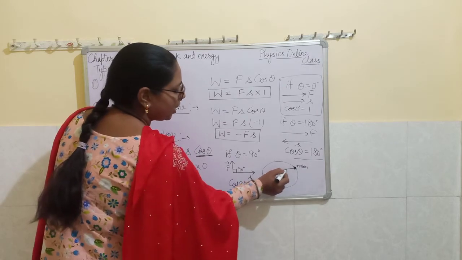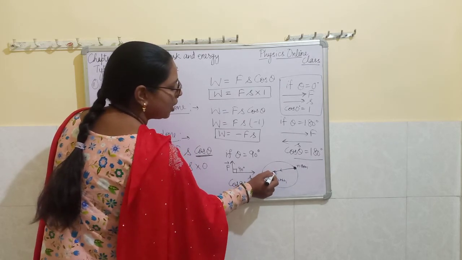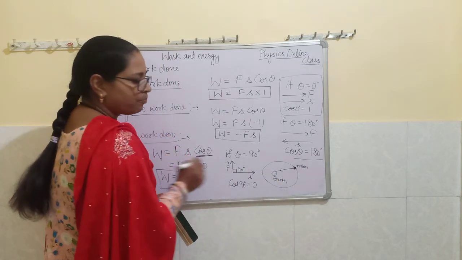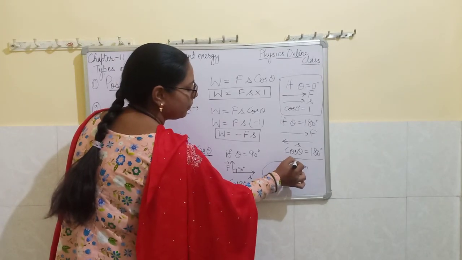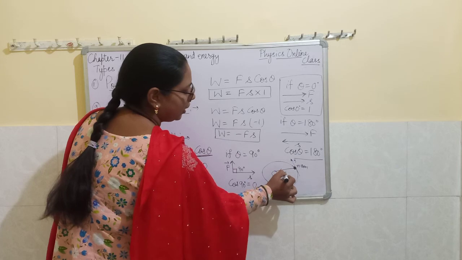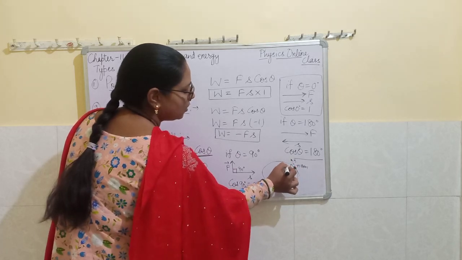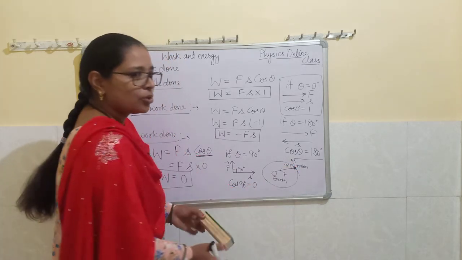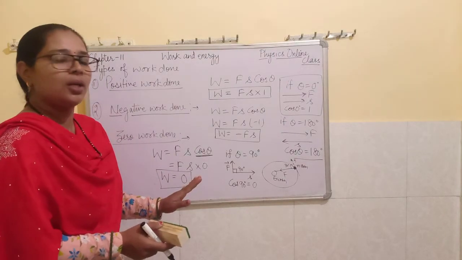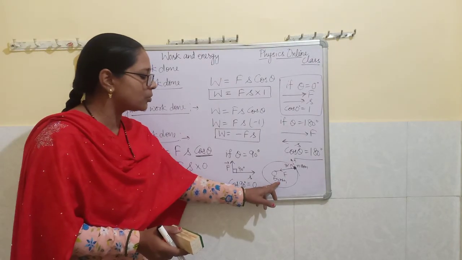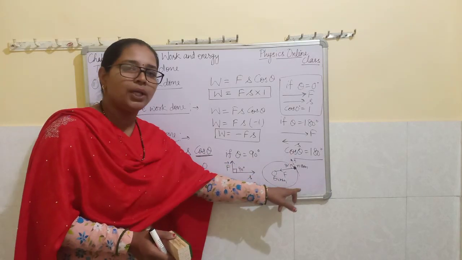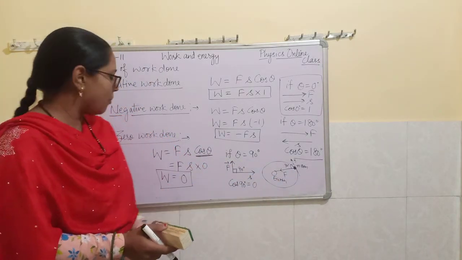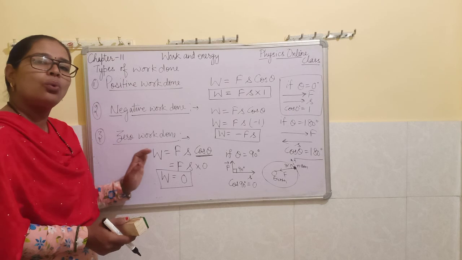That means every time Earth attracts Moon towards its center, but the direction of motion of Moon is perpendicular. So the angle between force and displacement is 90. So there is no work done by the gravitational force of Earth to revolve Moon around it. These are the examples of zero work done.